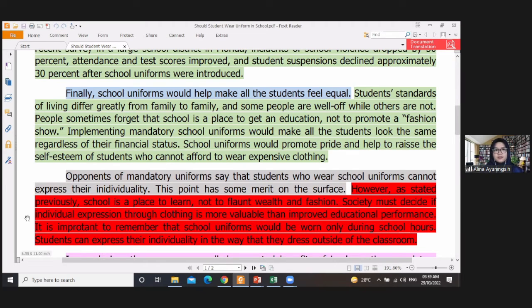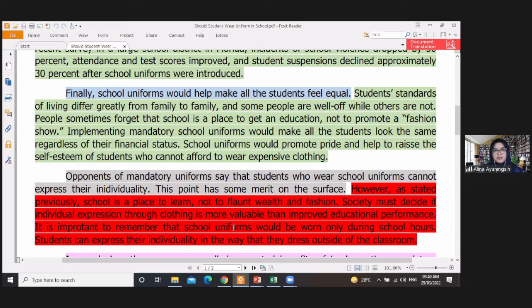Society must decide if individual expression through clothing is more valuable than improved educational performance. It is important to remember that school uniforms would be worn only during school hours. Students can express their individuality in the way that they dress outside the classroom.